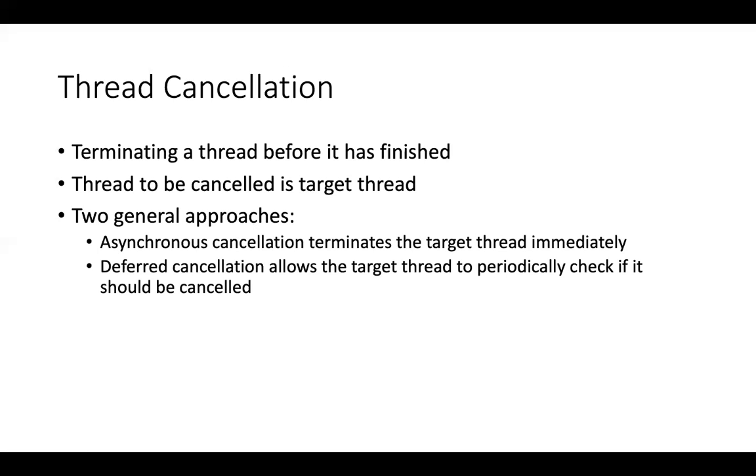The thread to be cancelled might be the target thread. And there are two general approaches when it comes to thread cancellation. There's the asynchronous cancellation, which terminates the target thread immediately. And then there's the deferred cancellation, which allows the target thread to periodically check if it should be cancelled.